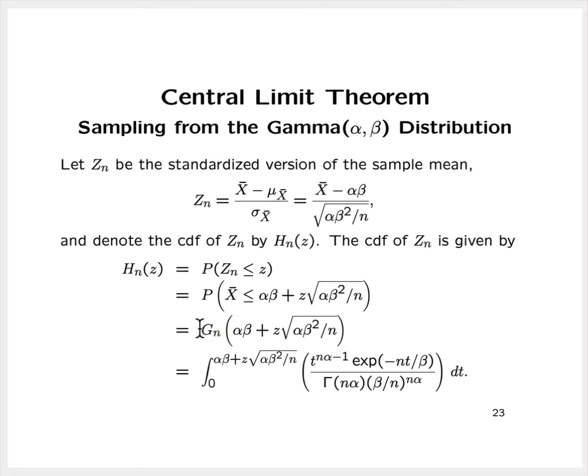The CDF of x bar is denoted by cap G sub n, and evaluating it at this value is given by this integral from 0 up to the argument alpha beta plus z times the square root of alpha beta squared over n, integrating the PDF of x bar that we wrote down on a previous slide.